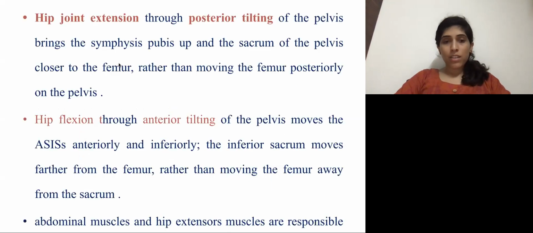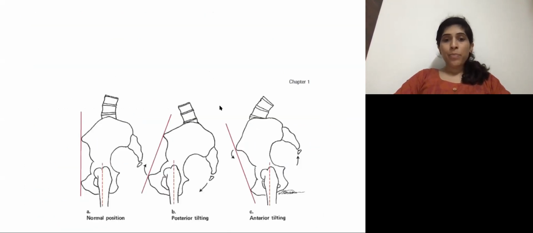After this, we have seen this image. During hip extension through posterior pelvic tilt, the pelvis brings the symphysis pubis up and the sacrum of the pelvis closer to the femur. As we have seen here, the pubic symphysis is moving upward and the sacrum is moving closer to the femur.